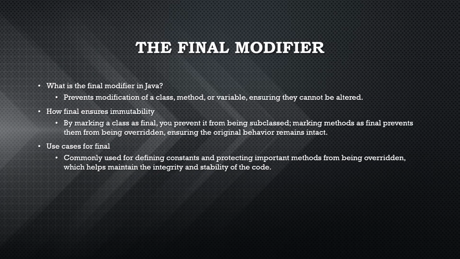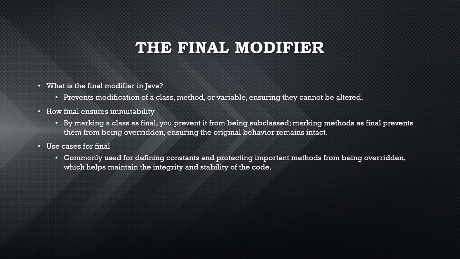The final modifier in Java is a powerful tool that prevents modification of classes, methods, or variables, ensuring they remain unchanged throughout the life cycle of the program. By declaring a class as final, you effectively prevent it from being subclassed, while marking methods as final stops them from being overridden, thus preserving their original behavior.